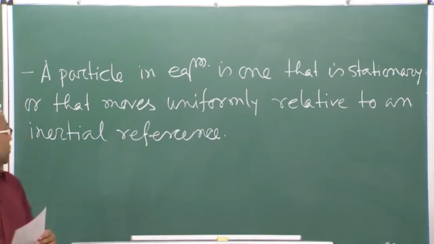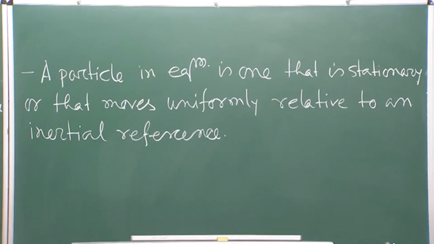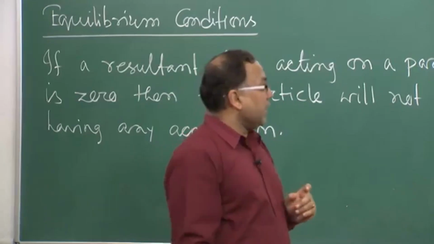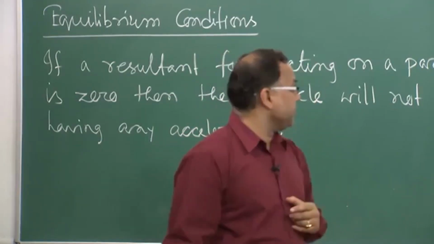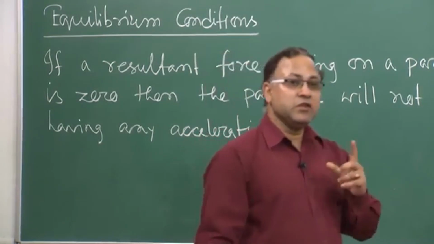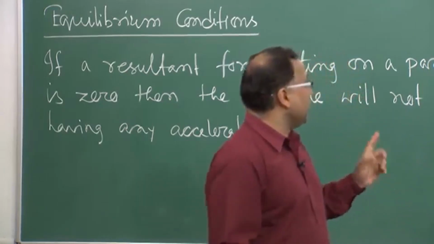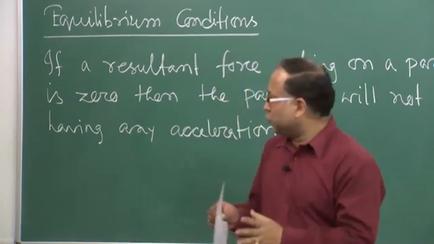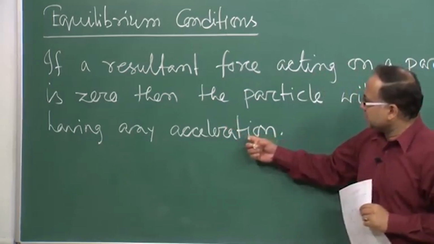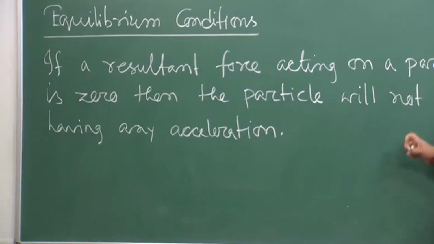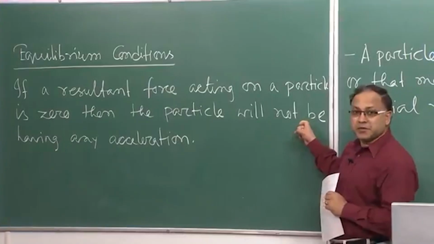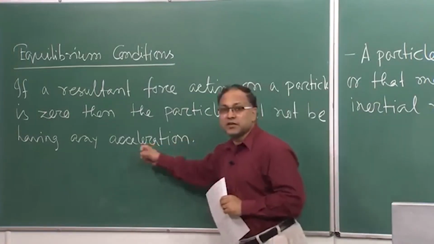So, when I am talking about the equilibrium condition for a particle, a particle in equilibrium is one that is either stationary or moves uniformly relative to an inertial reference. From this statement, it is clearly mentioned that the particle will not have any acceleration.